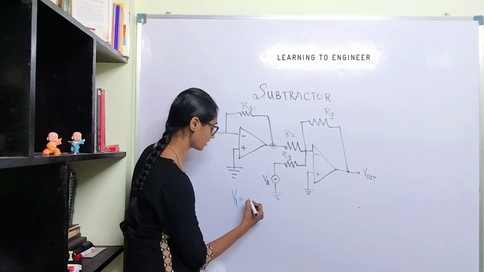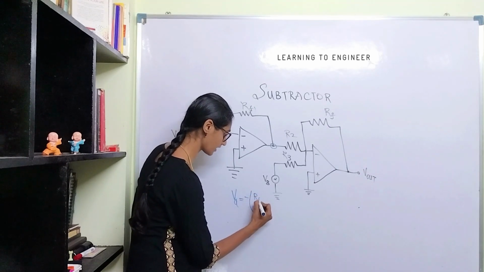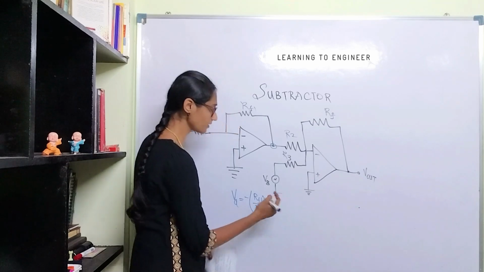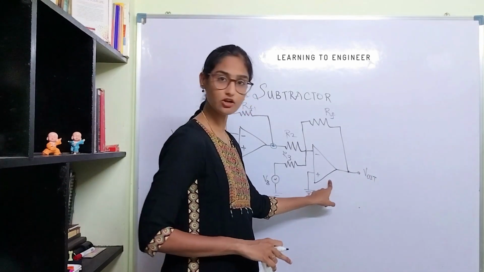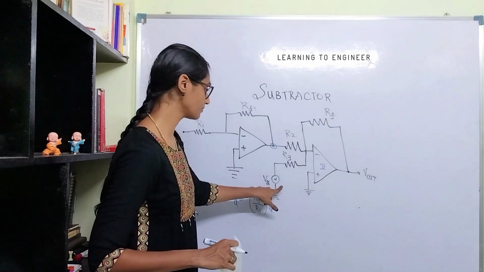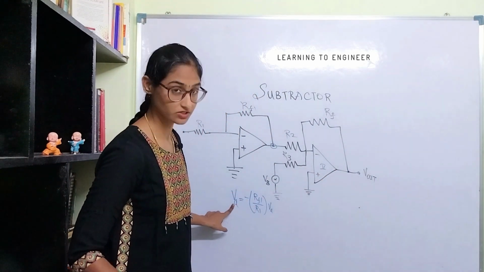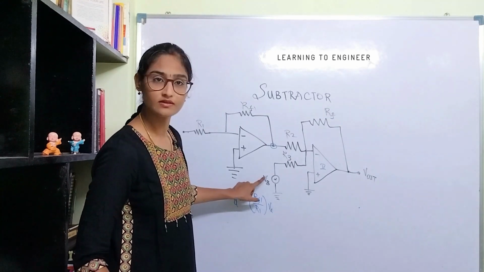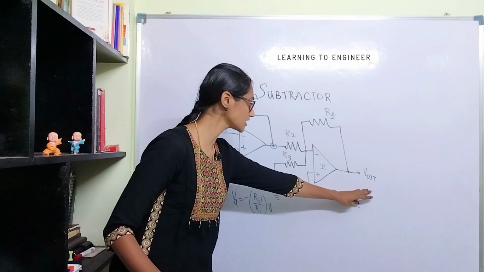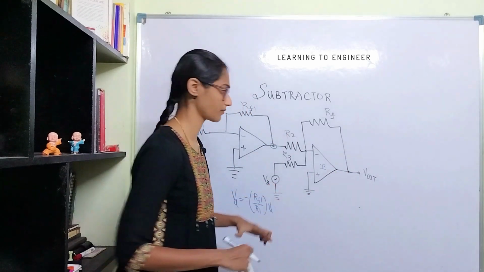So V small a will be the negative of RF1 divided by R1 multiplied by VA. When you consider the second operational amplifier, this will be an addition of two inputs, V small a plus V capital B. So the output will be the inversion of the addition of both of them.